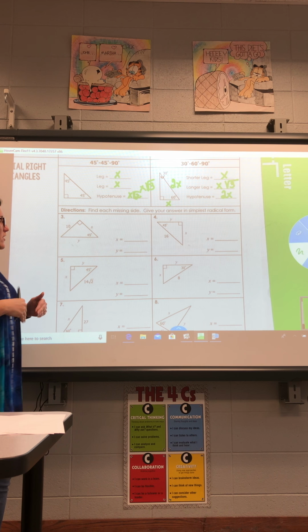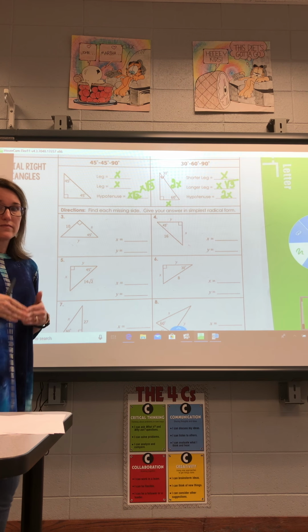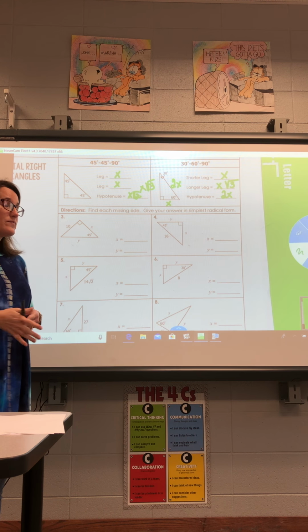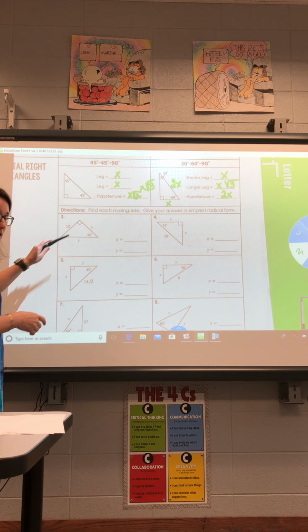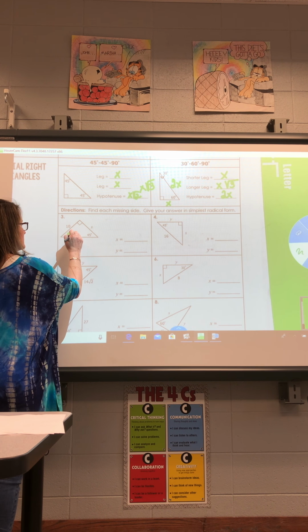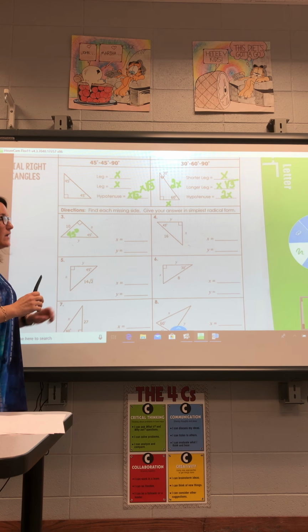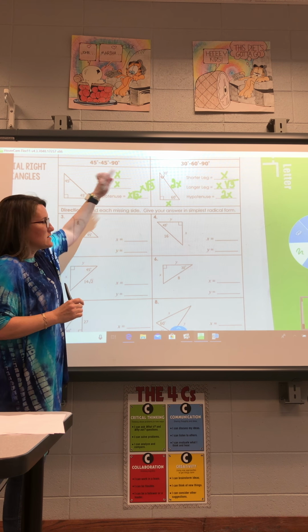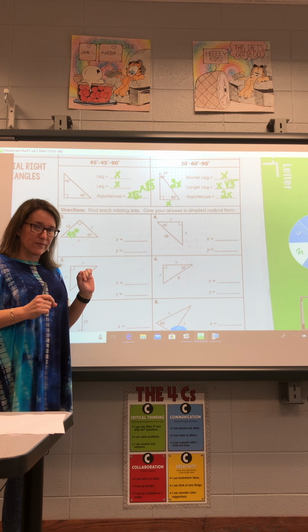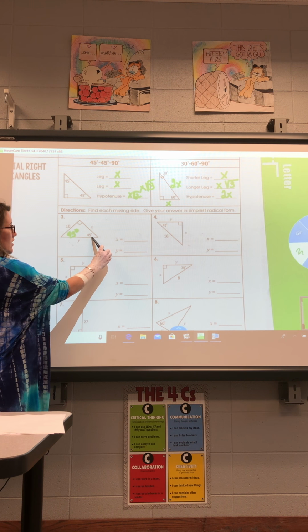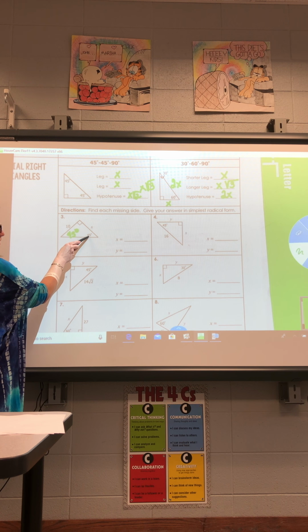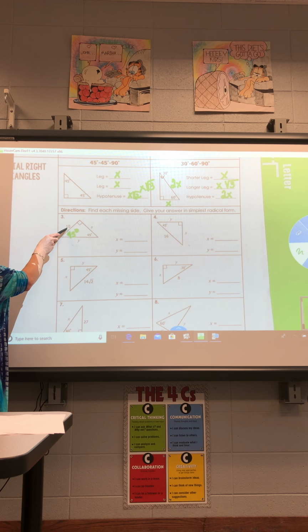Okay, now 3, 4, and 5, all three of these are 45, 45, 90. So 45, 90, that means this one also has to be what? 45 degrees. Okay, so we'll use the x, x, x square root of 2 pattern. With that being said, let's see what we've got. Across from the 45-degree angle right here is 10.